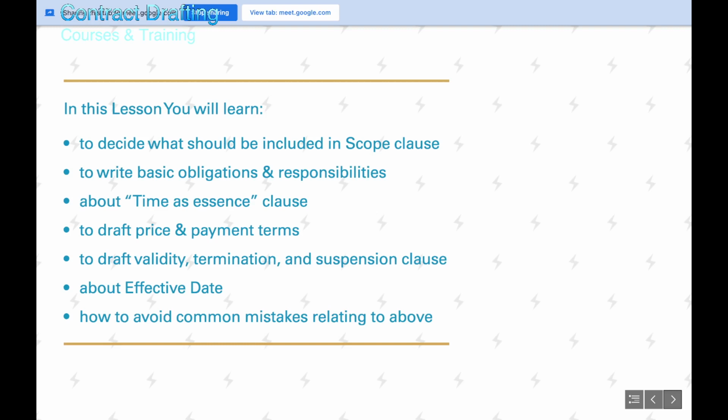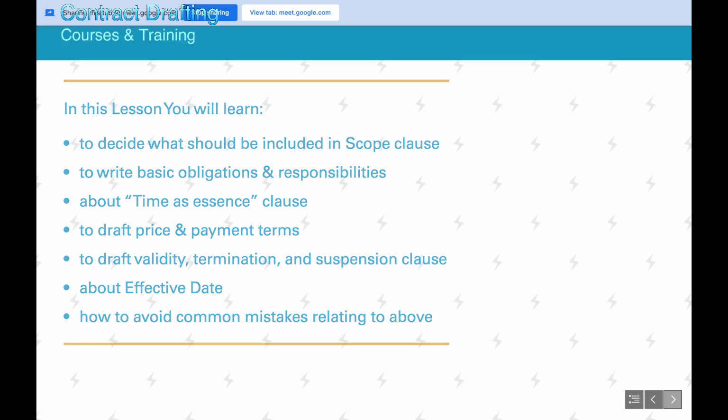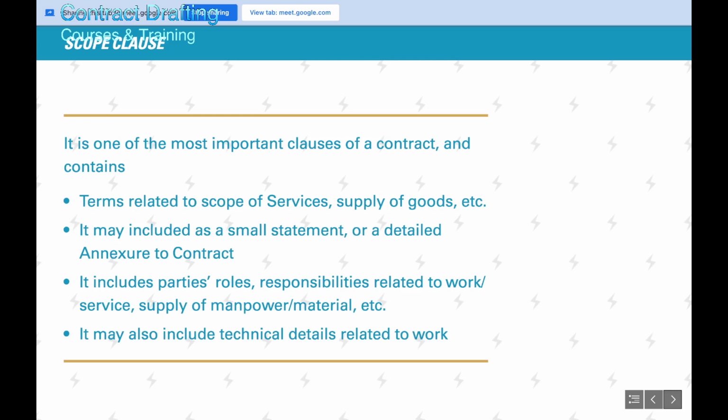So, the first one is the scope clause. This is the most important clause of any contract as it contains the principal terms relating to the scope of service, supply of goods, or if there is any other transaction which is the subject matter of contract, then those terms.